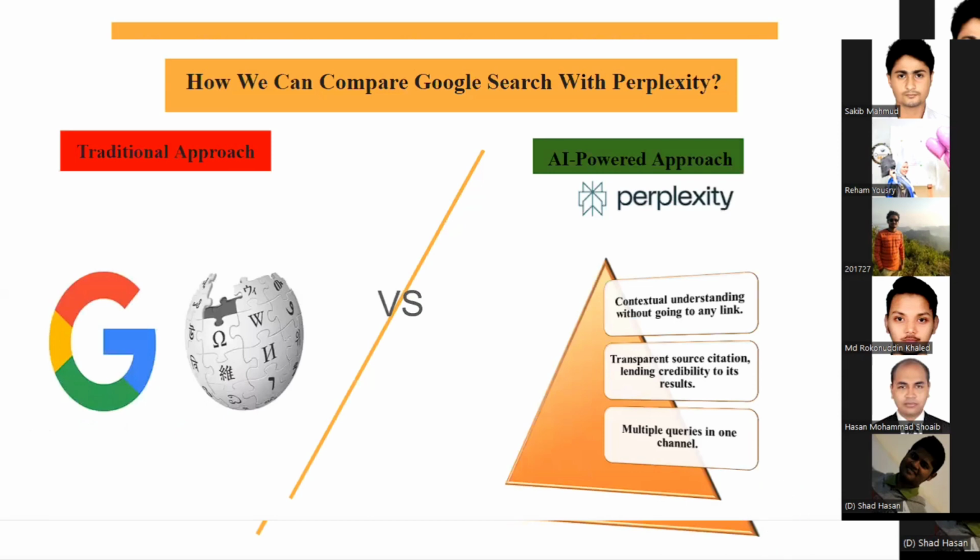In the traditional approach, you use Wikipedia, you use Google to understand and find the relevant information. But with the AI-powered approach, Perplexity, you can understand what is going on in your research topic and what your actual research topic is.